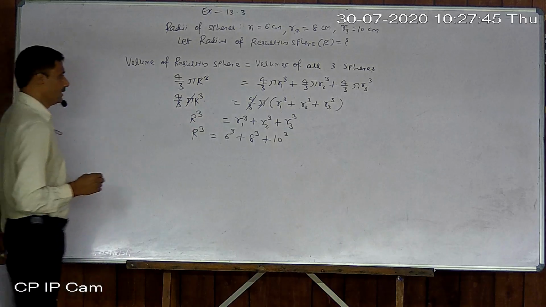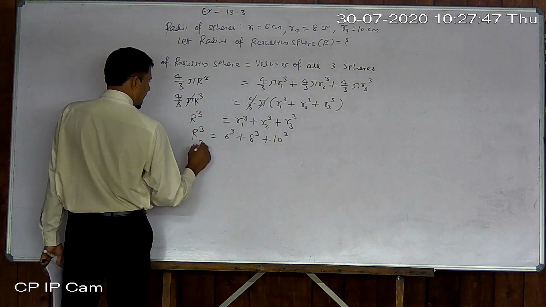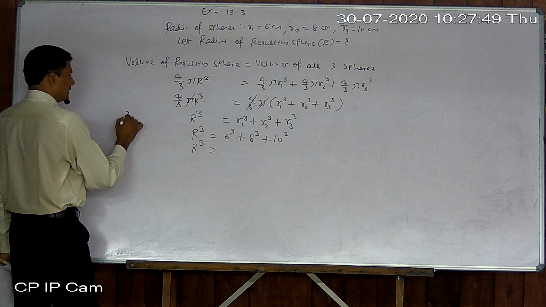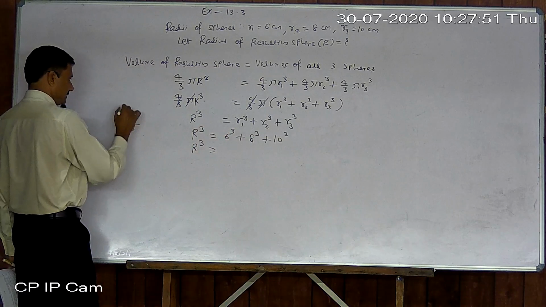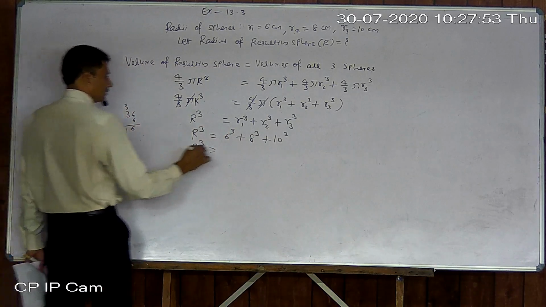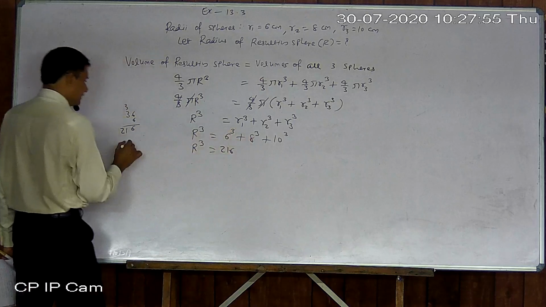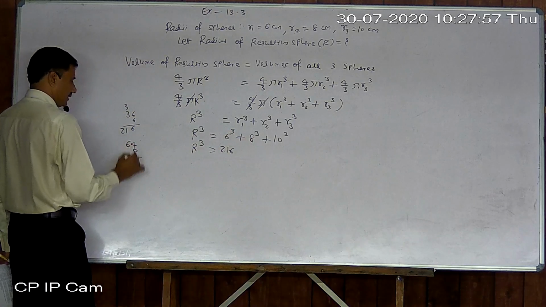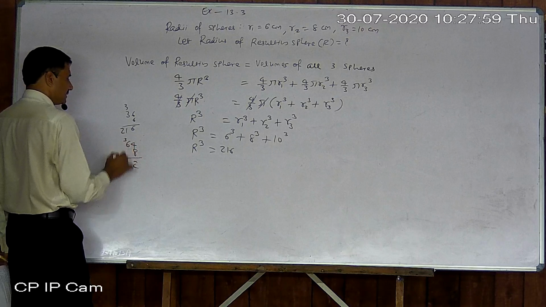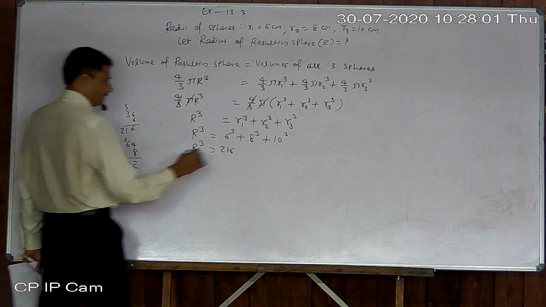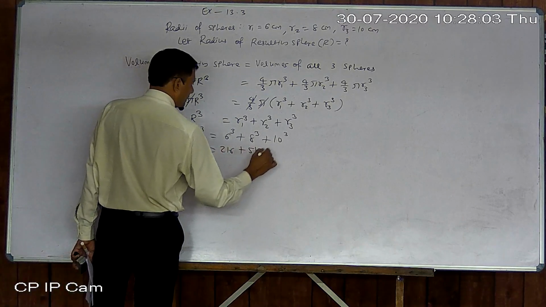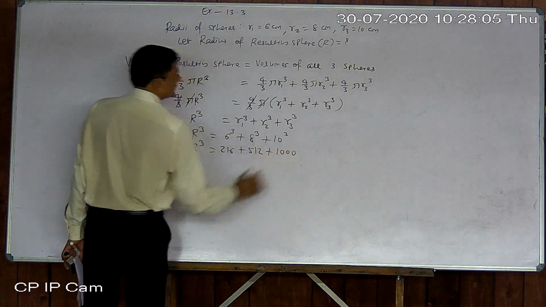Now 6 cube: 6 6 is 36, 36 into 6 is 216. 8 cube: 8 8 is 64, 64 into 8 is 512. And 10 cube will be 1000.